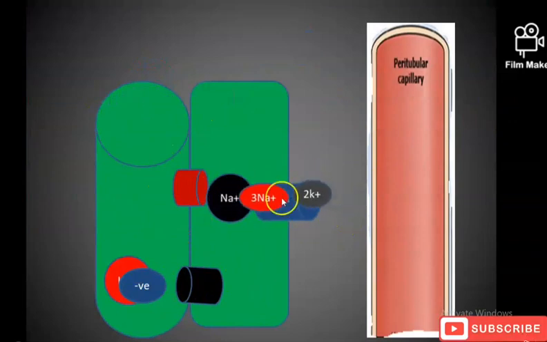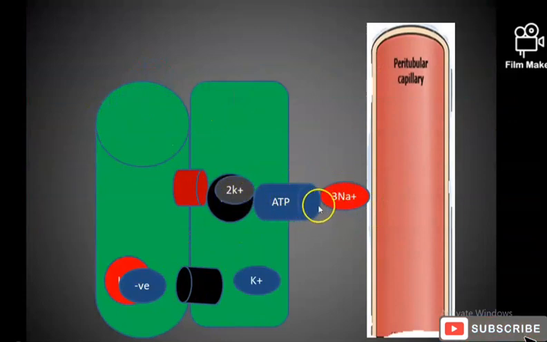This sodium potassium ATPase uses ATP, and at that time sodium moves from the principal cell to the interstitial fluid, and also the potassium moves from the interstitial fluid to the principal cells by the sodium potassium ATPase pump. The movement of potassium from the interstitial fluid to the principal cell will increase the concentration of potassium within the principal cell.